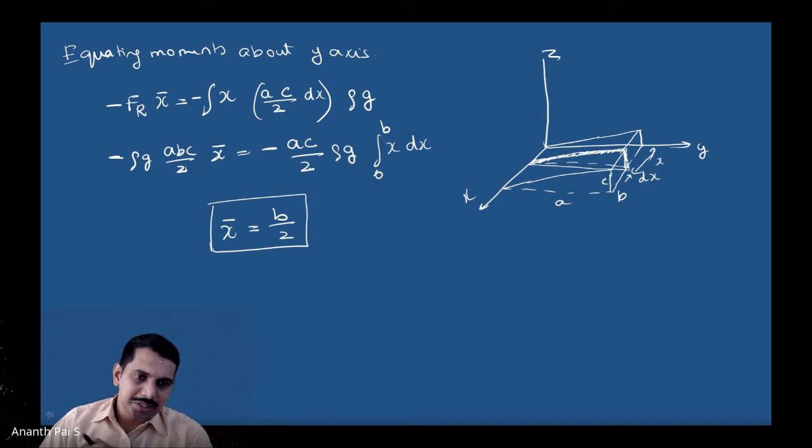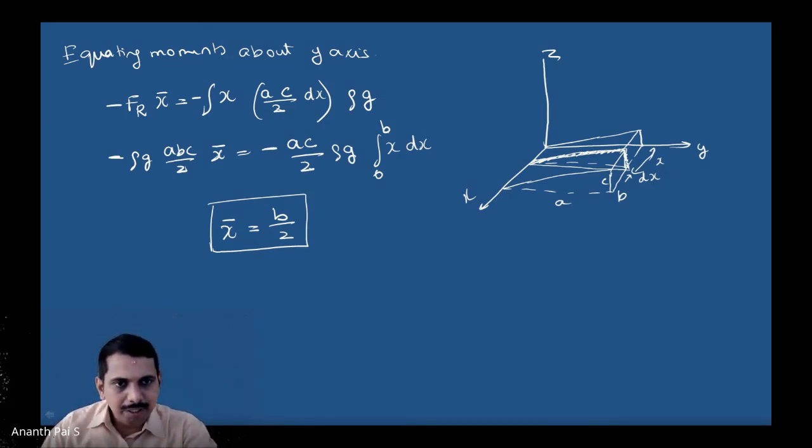Yes, students, please. X bar, y bar we have put it here. Where should the z be? Which point should be the z? Should it act above? Should it act down? Or where should it act?